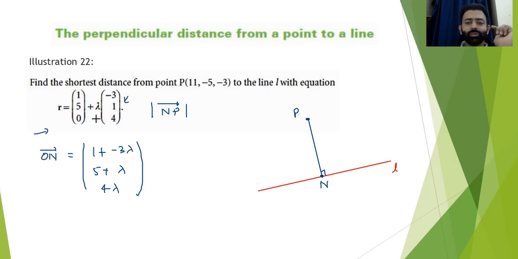So I take the dot product of the vector NP with the direction vector (-3, 1, 4), as this gives the direction of the given line L. That should be 0, because the vector NP and the line L are perpendicular. So when I take the dot product with (-3, 1, 4), the answer I should get is 0.